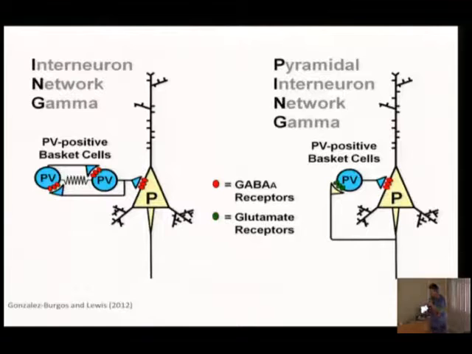But how to understand this data? One possibility is that the excitatory inputs to the PV neurons could be crucial for gamma oscillation production. And the other possibility is that only the interplay between PV neurons is sufficient to produce gamma oscillations.